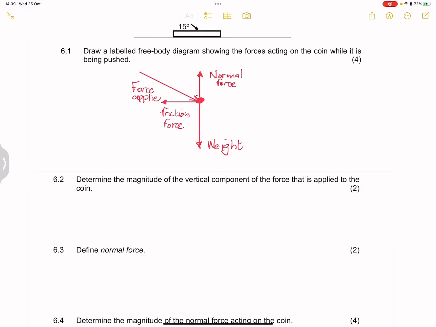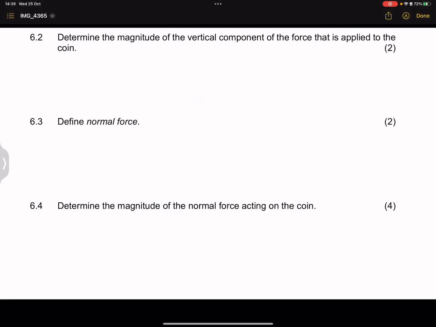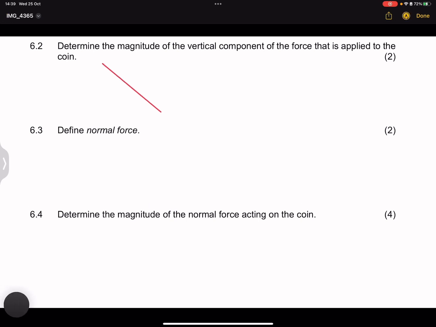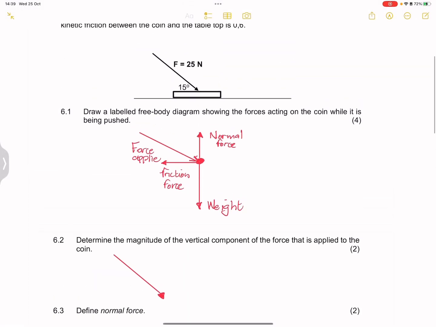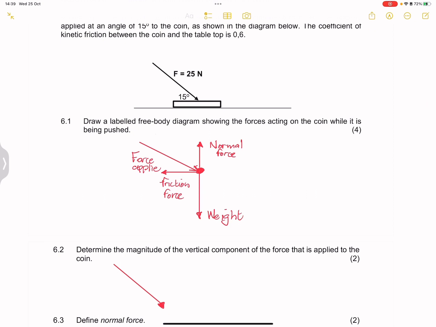They say to us, determine the magnitude of the vertical component of the force that is applied to the coin. Firstly, what I want us to note is we've got a force that is acting in that direction. This is our applied force, and we know that it's acting at an angle of 15 degrees to the horizontal.